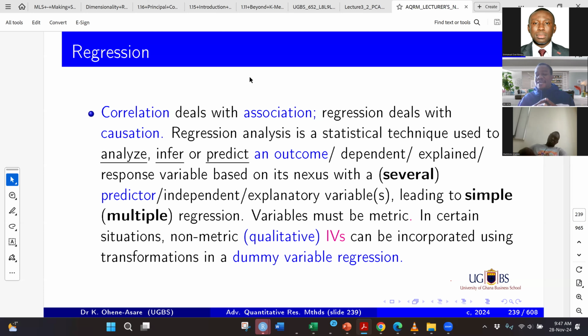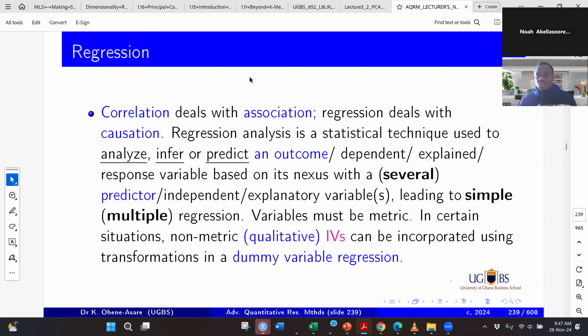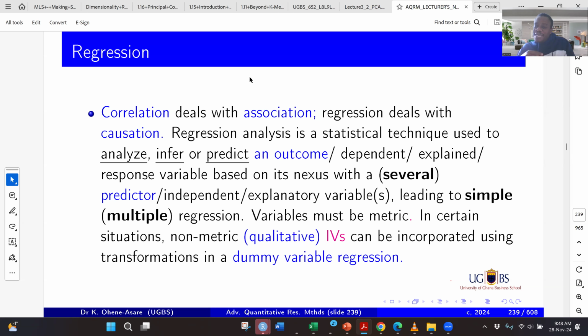Now, when the dependent variable is one, but the independent variables are more than one, what kind of regression is that? Noah. Multiple regression. Good. When the dependent variable is one, but some of the independent variables are categorical and others are numerical, what kind of regression is that?